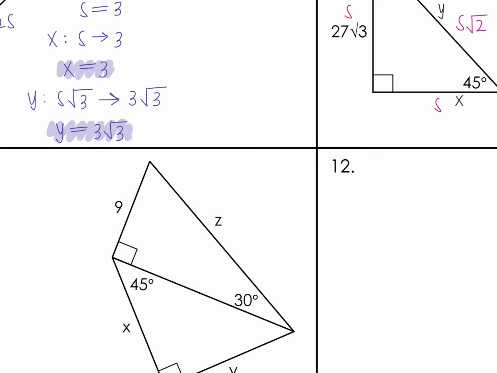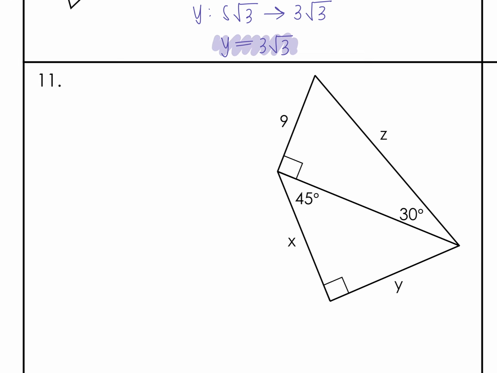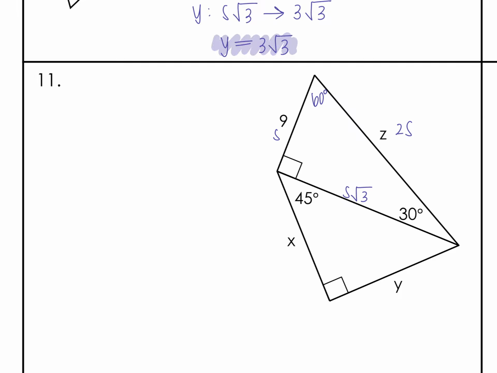Now let's move into our last two problems. We got number 11. All right, and number 11 can be a little tricky. Since we do have the two triangles, I'm going to start by looking at the triangle that I know a side length for, and that's going to be my 30, 60, 90. Remember, this is going to be that 60 degrees up top. So I'm going to have s, 2s, and then my s root 3 over here.